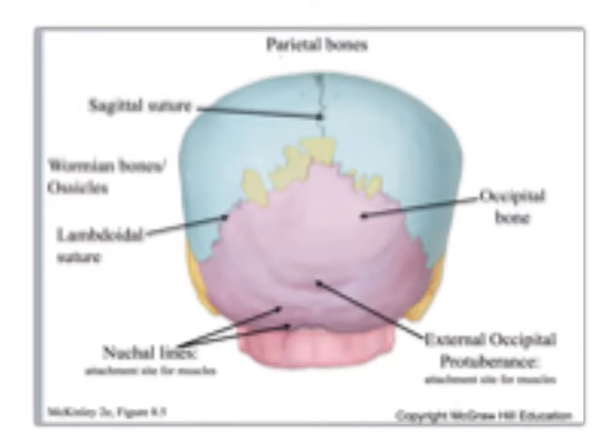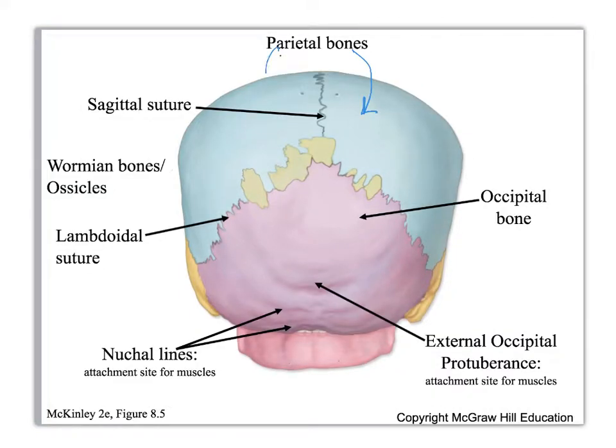All right, so now we are looking at a posterior view, and you can see the two parietal bones right here, and you can see a new suture, the sagittal suture, which runs from the coronal all the way back to the lambdoidal. And then this right here is where the lambdoidal suture is located.